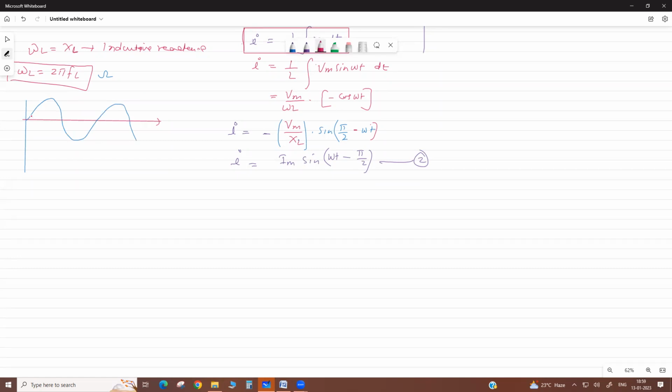The current is in the same phase, meaning when the voltage is zero, current is zero, and they attain peak value at the same instant of time. Magnitude and peak value may be different.